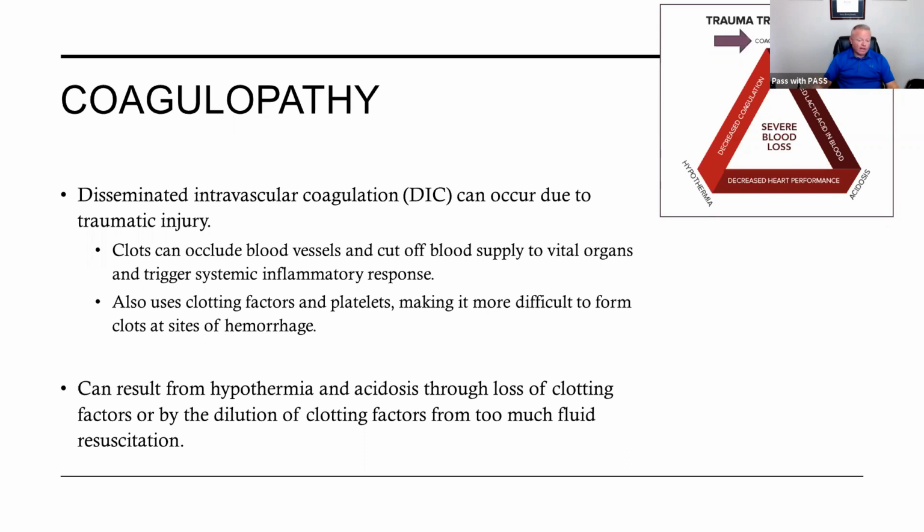So if we have clot formation in those small vessels and there's not oxygenated blood that's getting to the vital organs, which are going to end up being the heart, the brain, and the kidneys in most of these situations, because that's where blood is going to get shunted to. And then secondarily to that, it ends up triggering the systemic inflammatory response.